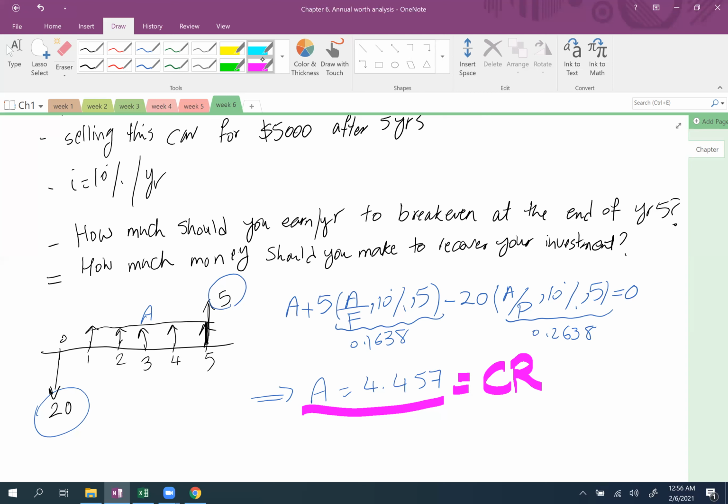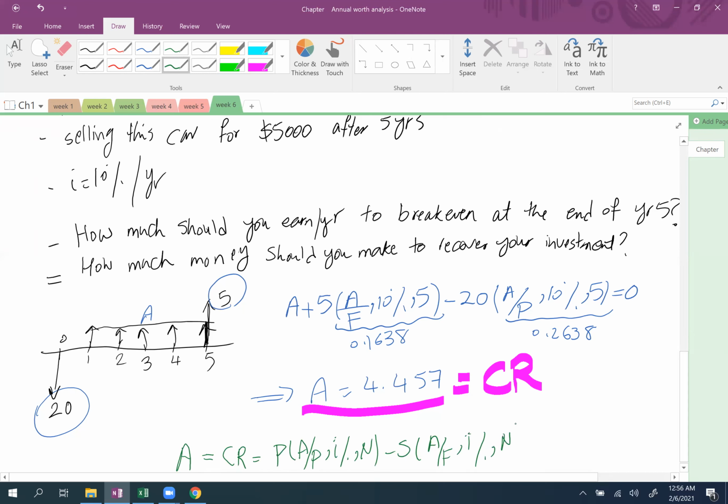If I want to come up with something very general for capital recovery, which is the same as your A, that's why we are talking about it in the annual worth analysis chapter, where CR is equal to P times (A/P, i%, N) minus the salvage value times (A/F, i%, N).